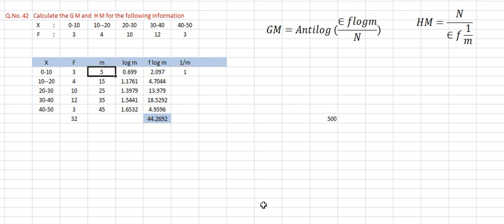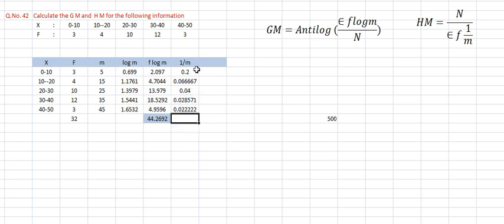1 divided by m, how much is it here? 1 divided by 5. Like that, 1 divided by 15. Do the same thing: 1 divided by all the numbers. See, 1 divided by 35, 1 divided by 45.